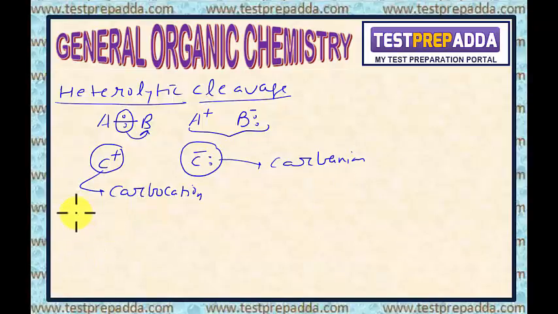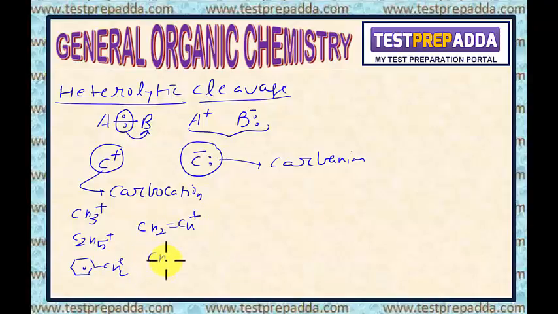Different examples of carbocations are like methyl carbocation, like ethyl carbocation, like benzyl carbocation, like phenyl carbocation, like allyl carbocation.